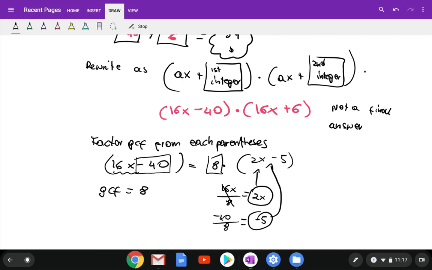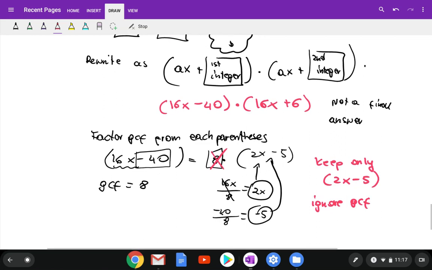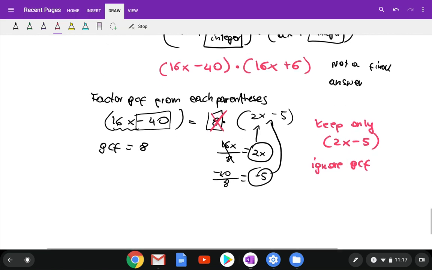So 16x minus 40 is 8 times 2x minus 5, and just remember what I teach you: keep only 2x minus 5. You have to ignore the GCF. So that's the AC method algorithm which I teach you.